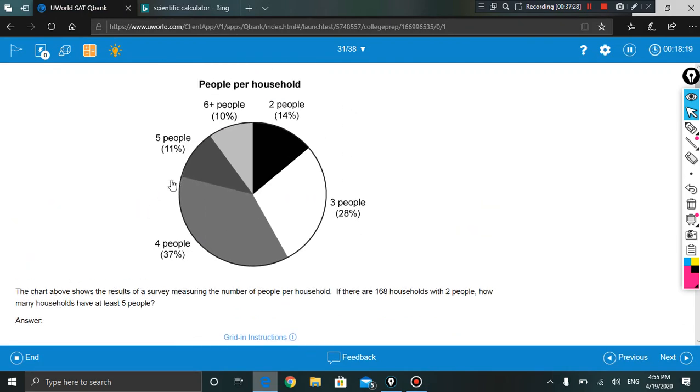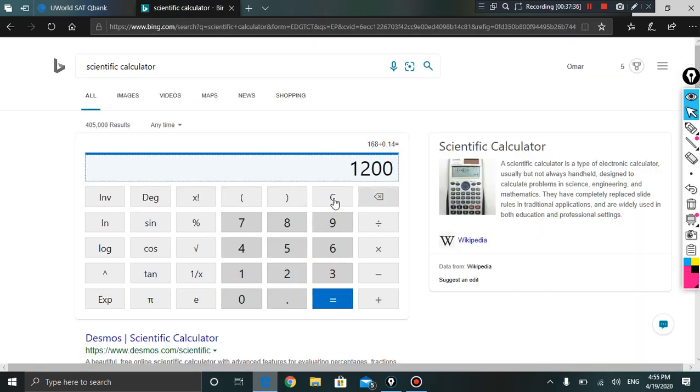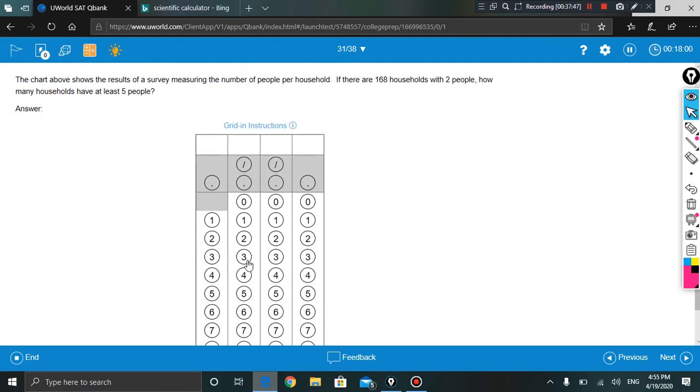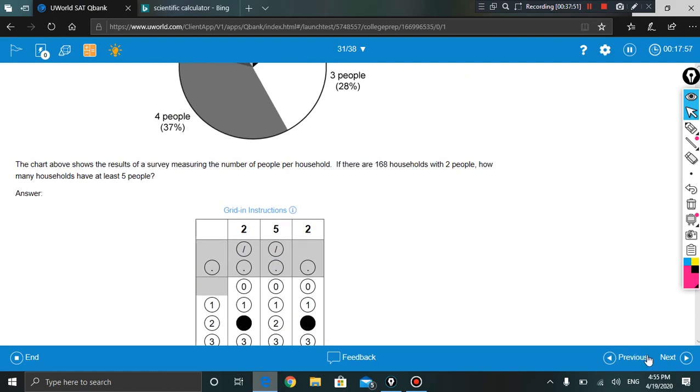At least 5 people. So 5 or 6 plus. Those are included. 21% of 1,200. So we can say 0.21, which is 21% of 1,200. 252. Right? 252. That's the answer. Next question.